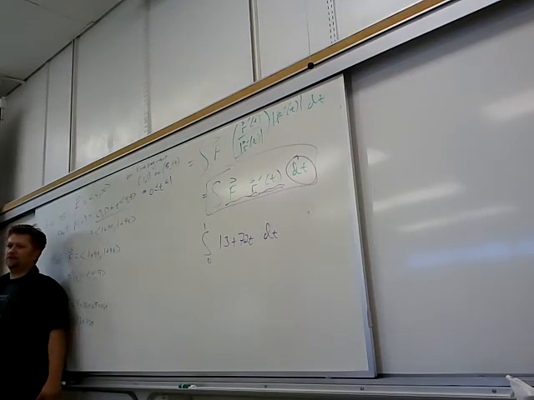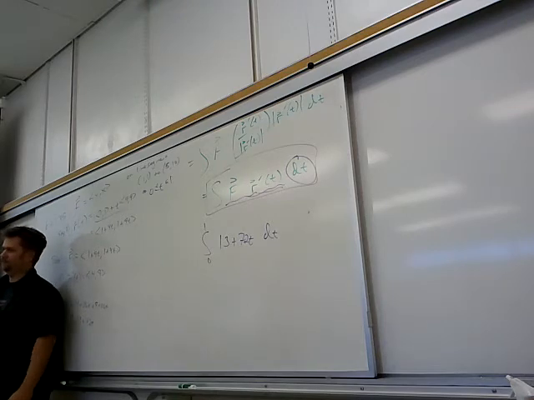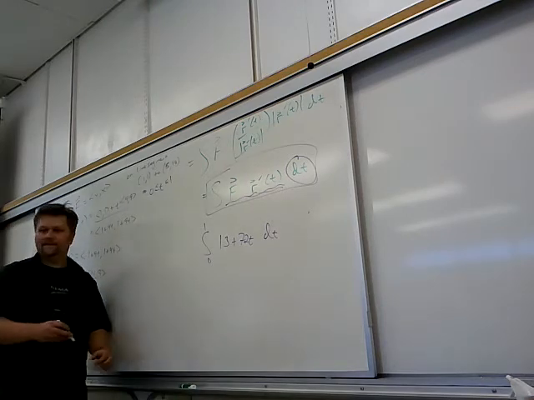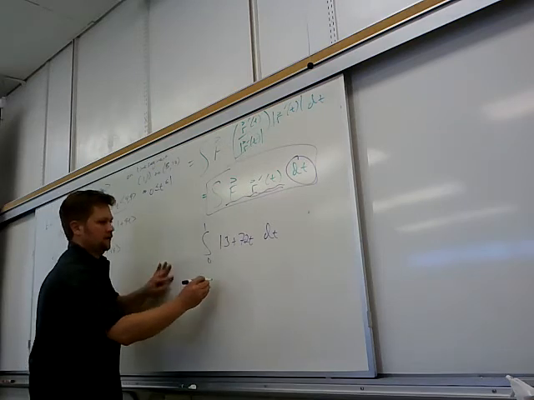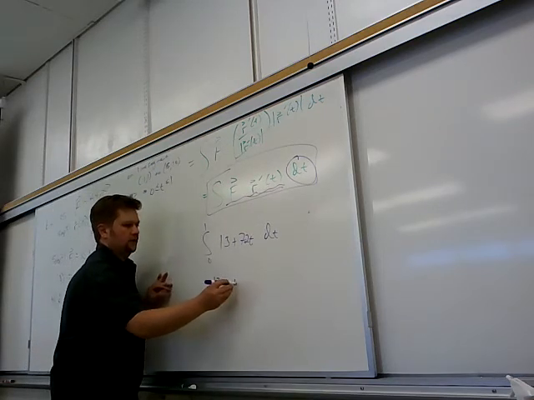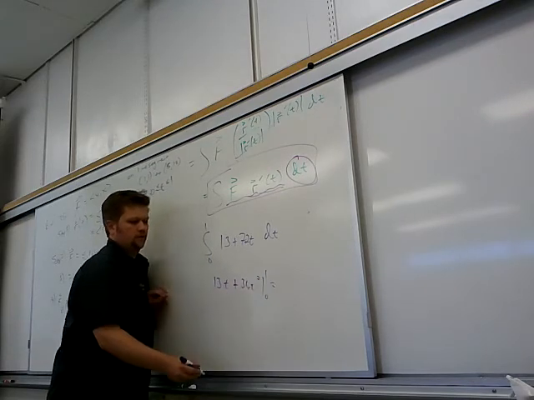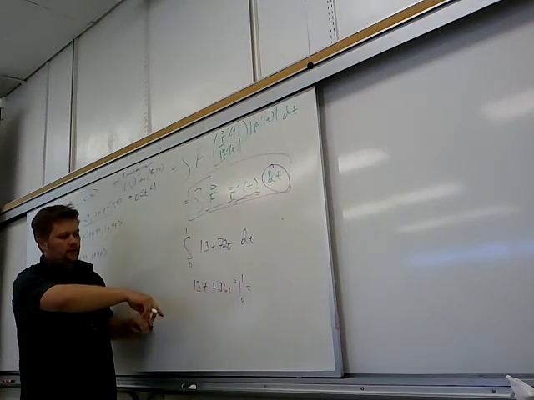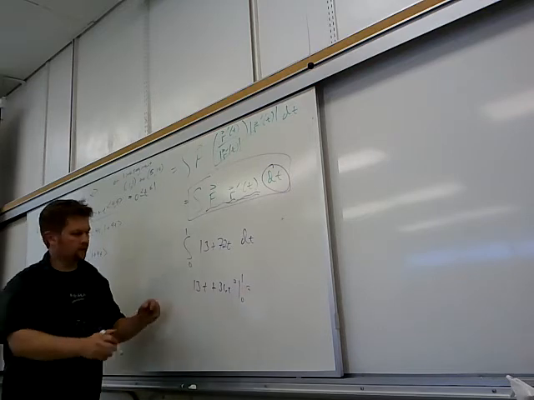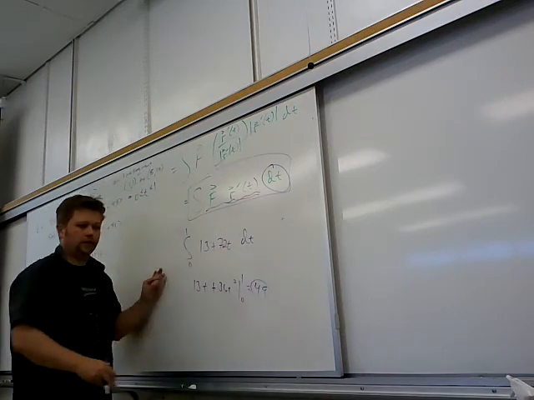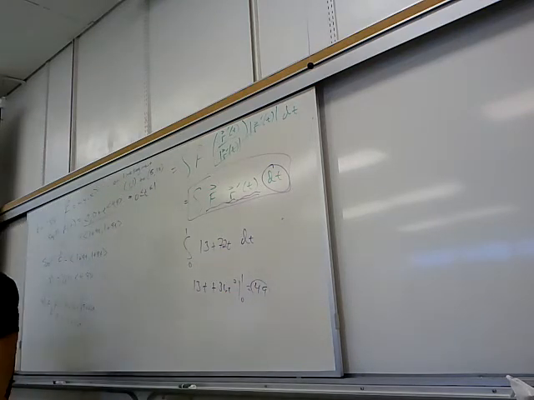If you use a hyperbolic trigonometric function... is there such a thing? Yeah, if you want to. We get 13t plus 36t squared, from 0 to 1. So you get 13 plus 36, 49. The 0 is really 0. Cool.